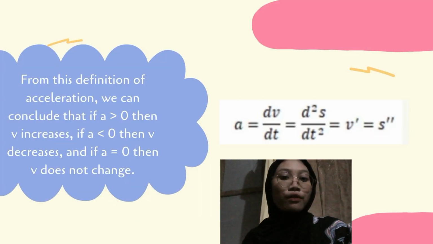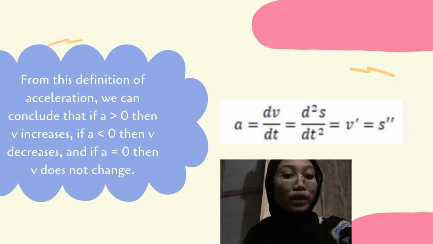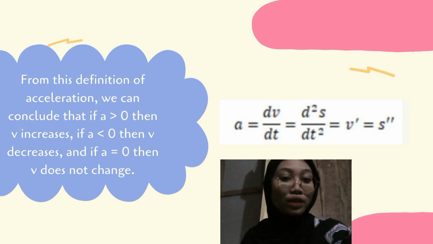From this definition of acceleration, we can conclude that if a is greater than 0, then v increases. If a is smaller than 0, then v decreases, and if a equals 0, then v does not change.